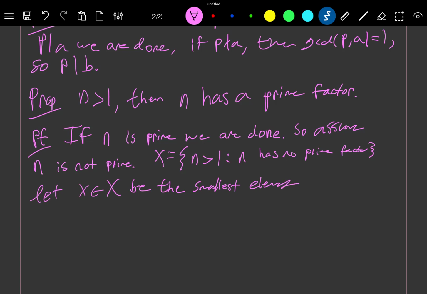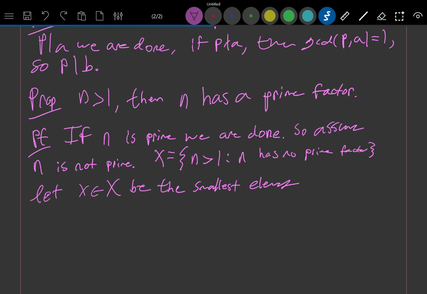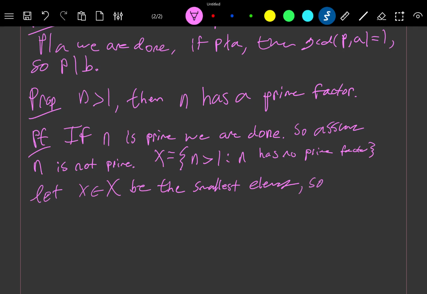This is the well-ordering principle. And we know x can't be prime, because if it's prime, it has a prime factor, namely itself. So we can write x is equal to a times b, where a and b are not equal to 1. So namely, a and b are less than or equal to x.